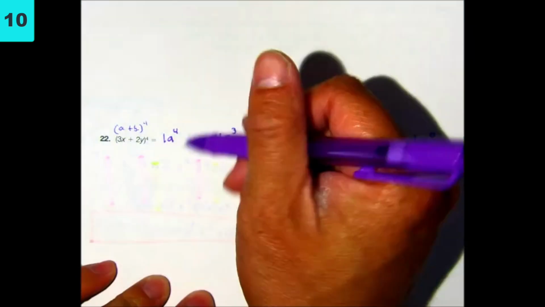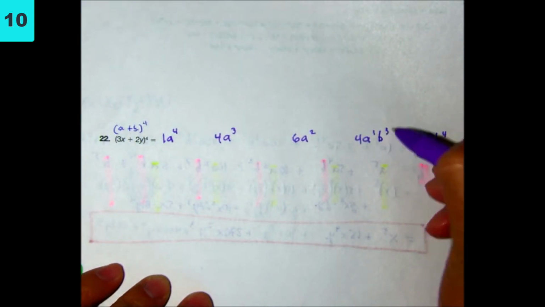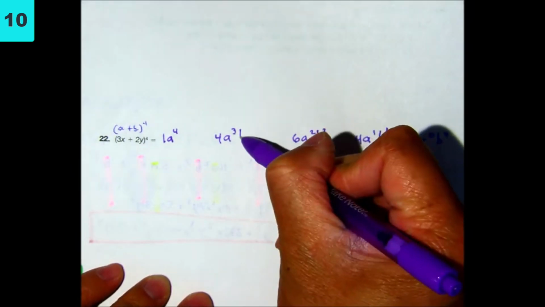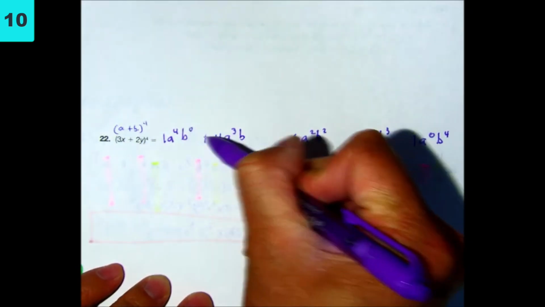Okay, thank you. Raphael, go ahead and do the B values. Go to the other side. You like to start on the other side? Okay, go. So B to the 4. And B to the 3. And B squared. And then B. B to the 0.